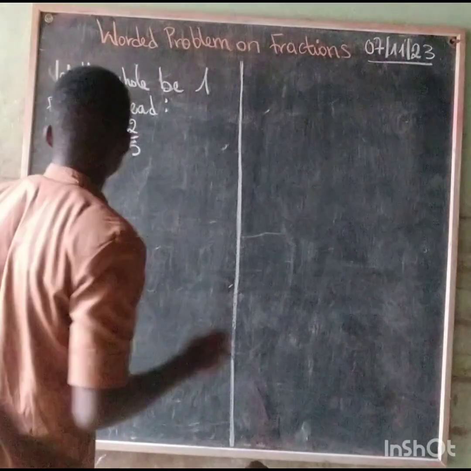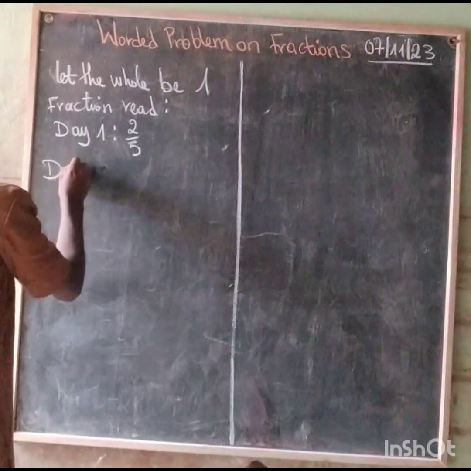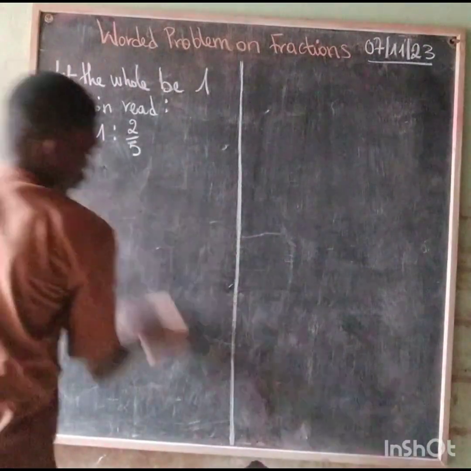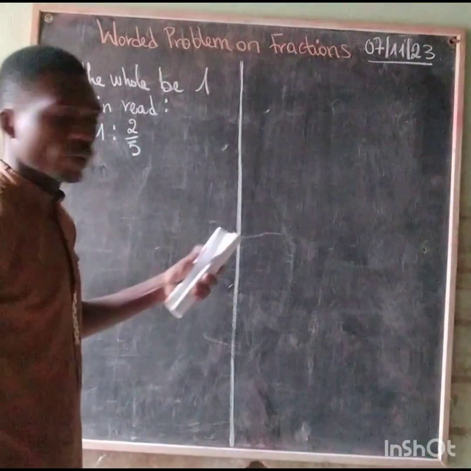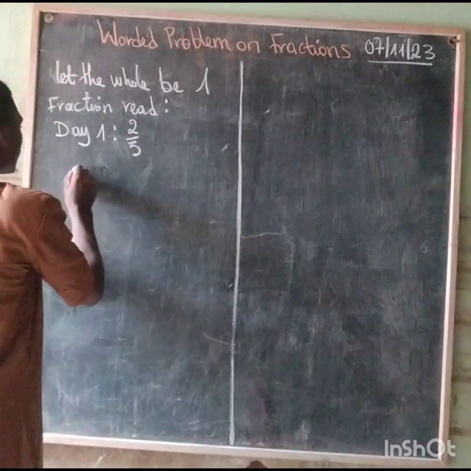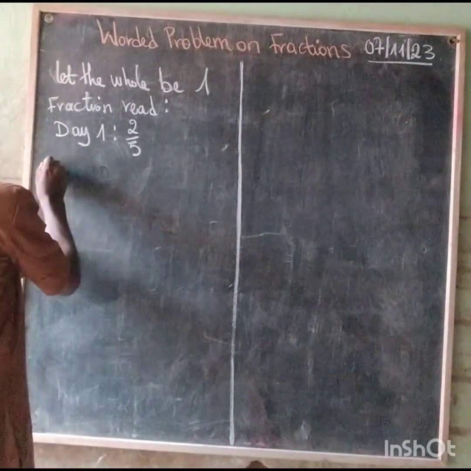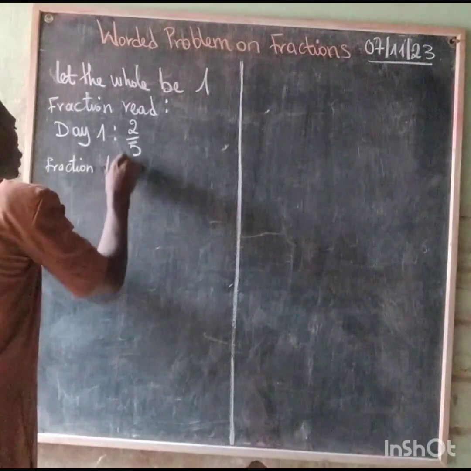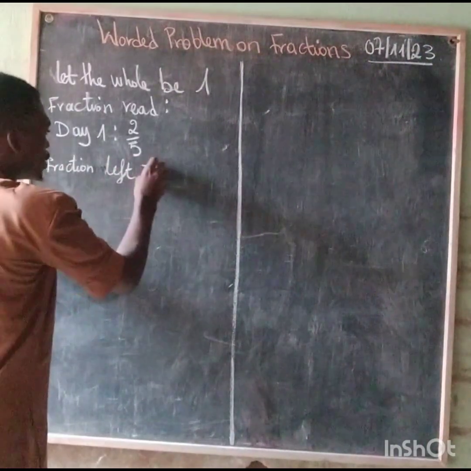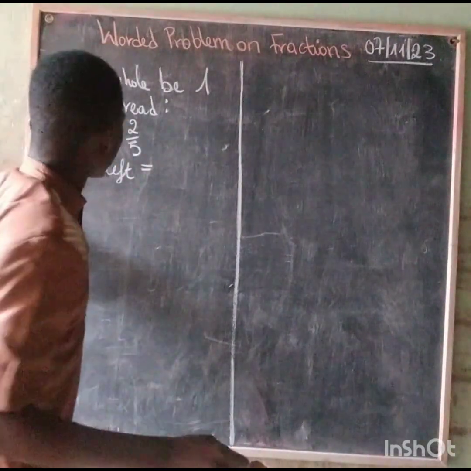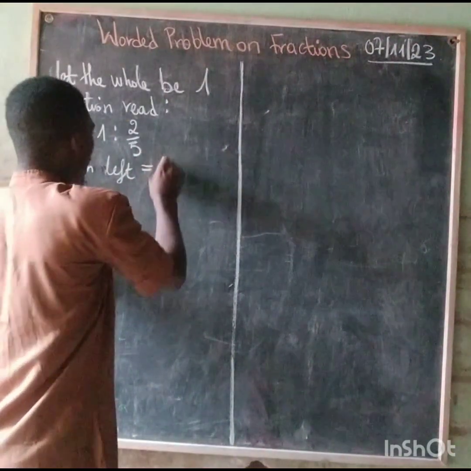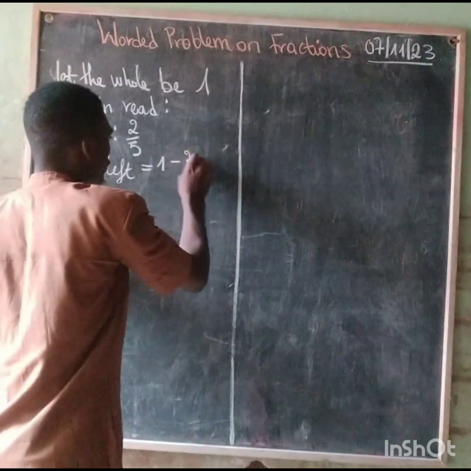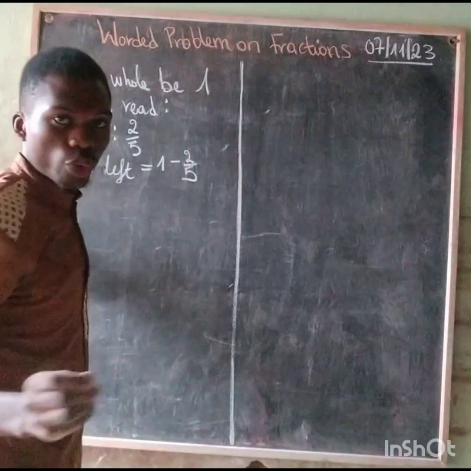On day 2, after reading 2/5 of the book, he still has, on day 1, fraction left. After reading on day 1, he still has 1 minus, let the whole be 1, so he still has 1 minus 2/5 of the book to read.